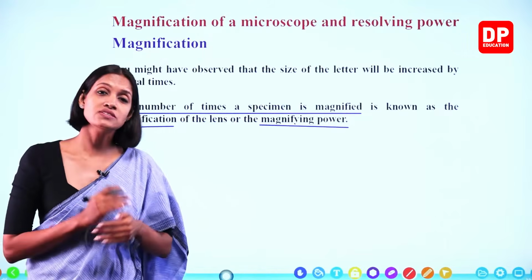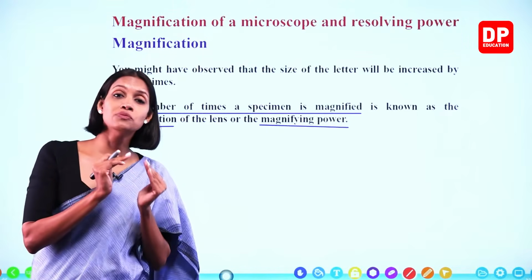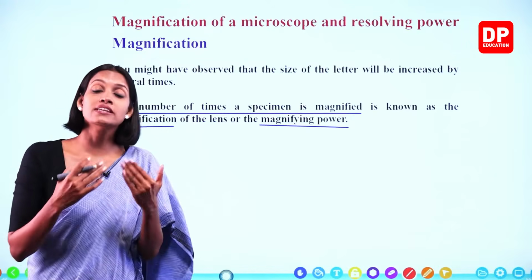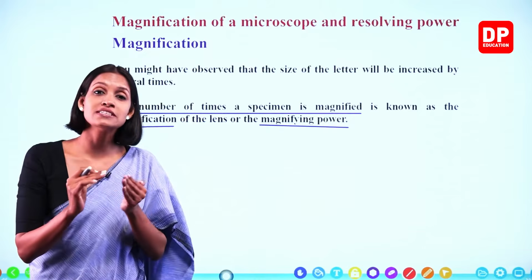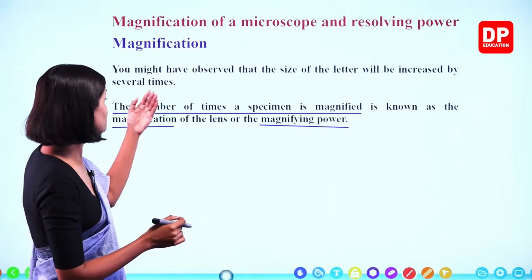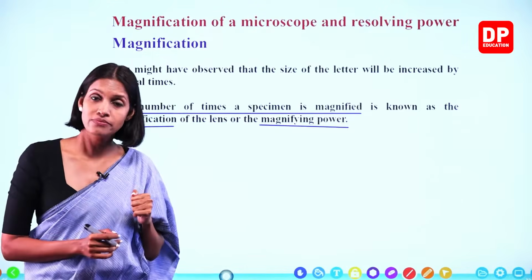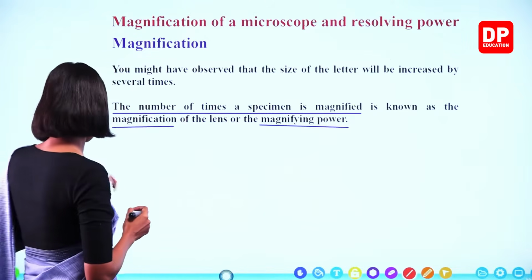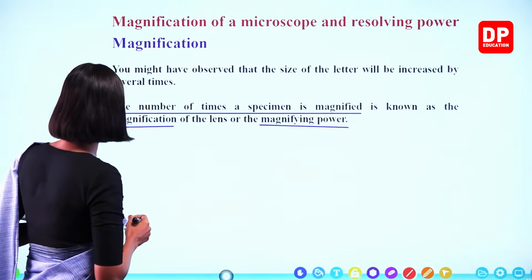I told you all some lenses are curved more, some lenses are curved less, right? So depending on how much it is curved, this magnifying power is also different. You are going to learn about it in the upper grades, okay? We'll move on to the next.